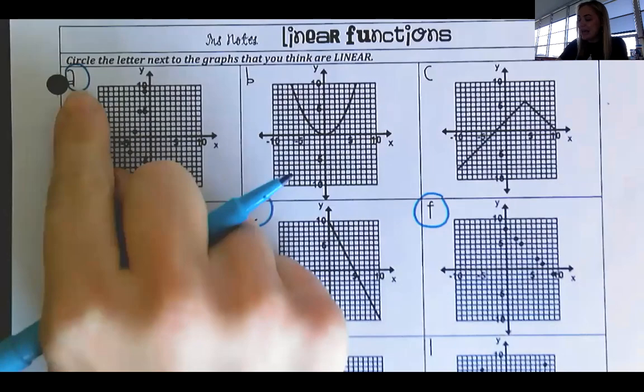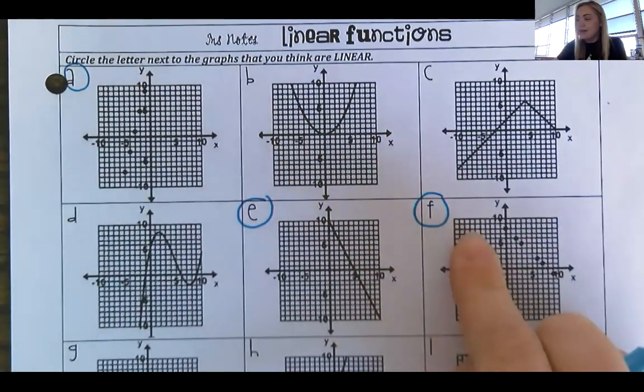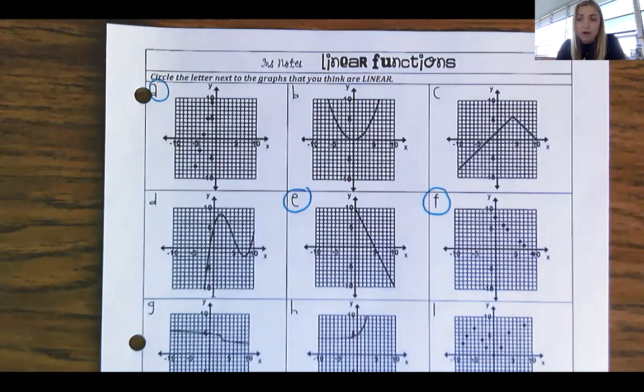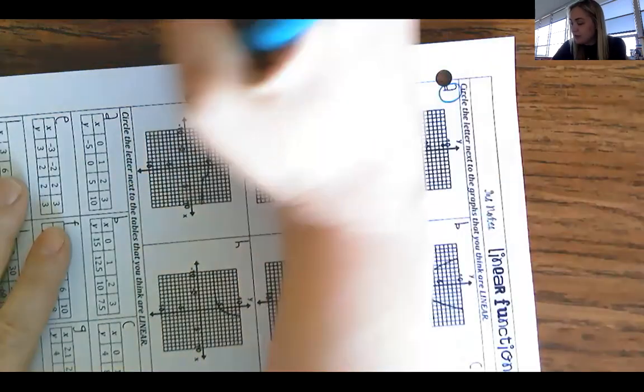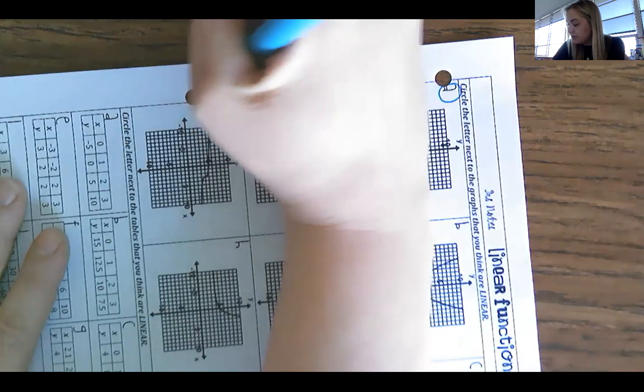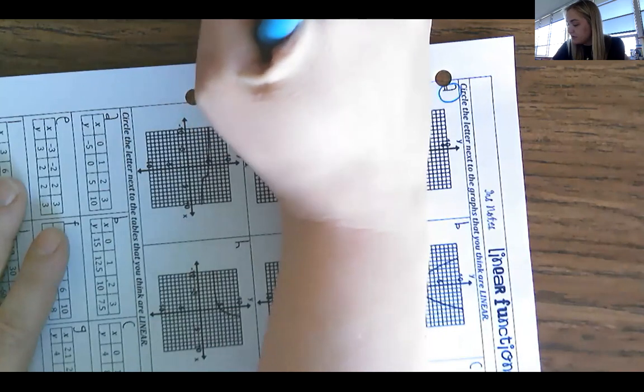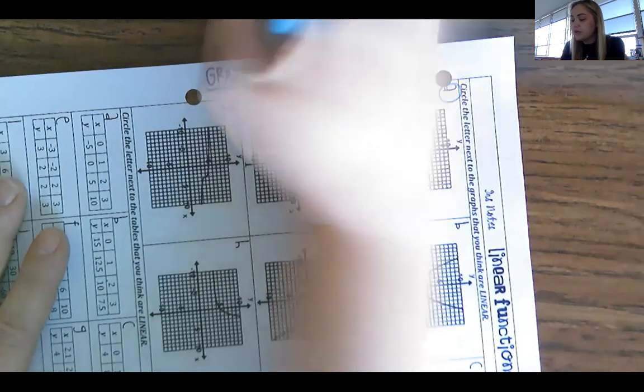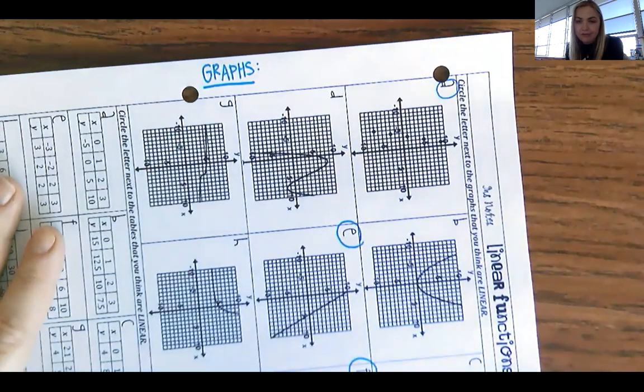So we only had A, E, and F that were linear. So over here in the margins, what do I know about graphs that makes them linear? So I'm going to twist my paper sideways and I'm going to write the word graphs. So when a graph is linear, what do we know about it?